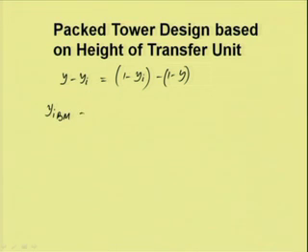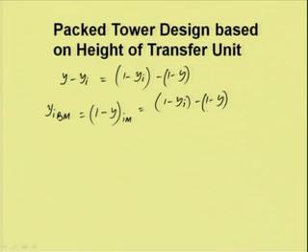We can write 1 minus y I m is equal to 1 minus y I minus 1 minus y divided by ln 1 minus y I divided by 1 minus y.